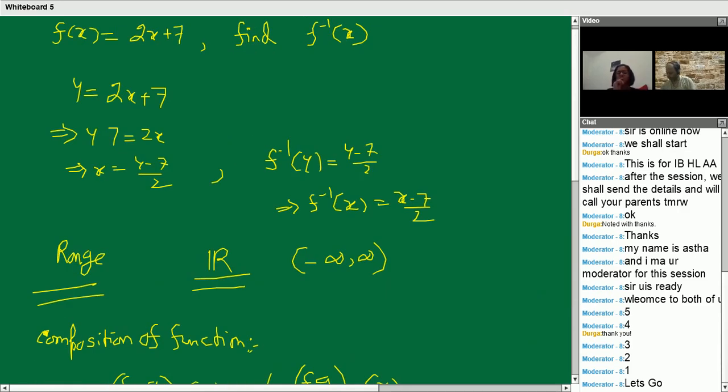Yeah, because if you say f of f inverse, if you put x minus 7 over 2 into 2x plus 7, and substitute it for the x, you get 2 times x minus 7 over 2. You cancel out the 2's, so it's x minus 7 plus 7, which gives you x.